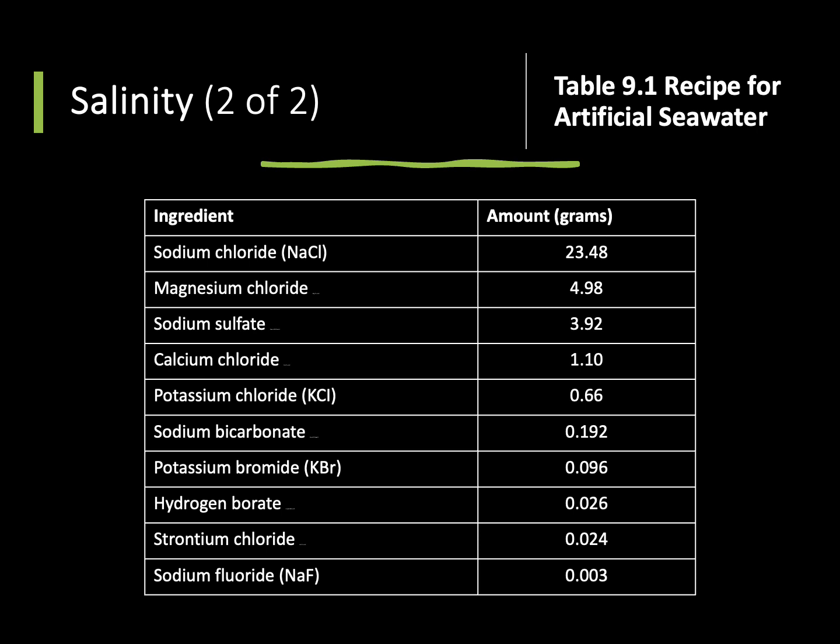We also have magnesium chloride, sodium sulfate, calcium chloride. Here, the idea is not that you need to know all of these different salts. I just want you to be aware that when we're talking about salt water, we have about a dozen different salts in differing amounts. But the most abundant salt is sodium chloride, our table salt.